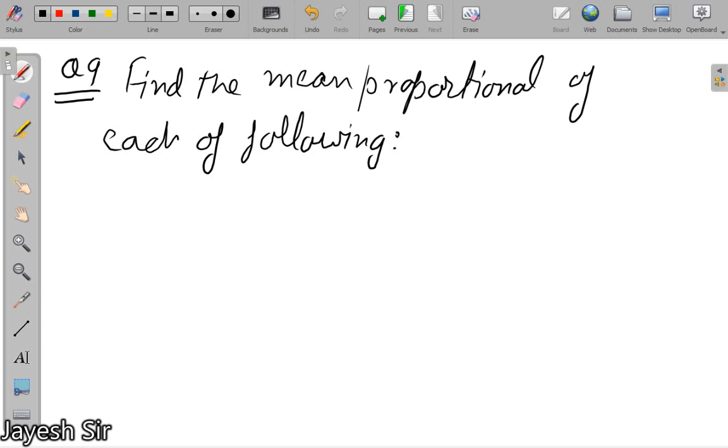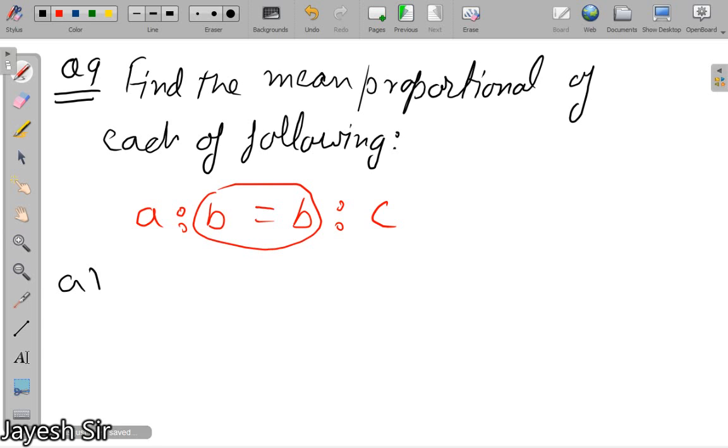The B value. For the ratio A to B, B to C, we have to determine the value of B. Once again, A part is 25, 9. That means A is 25 and C is 9.